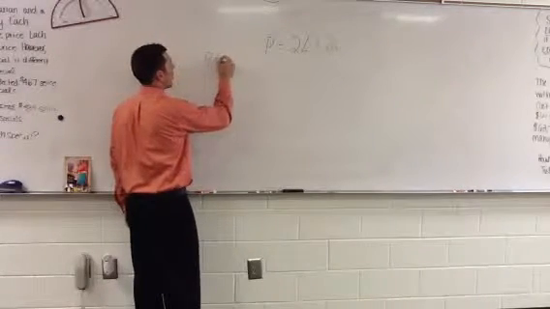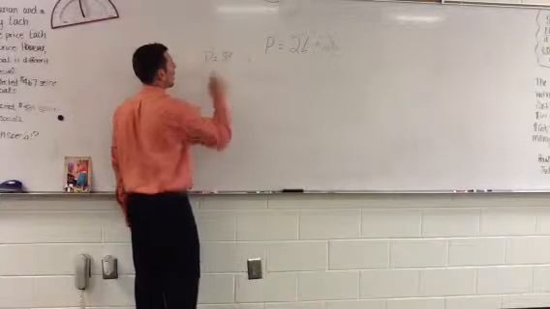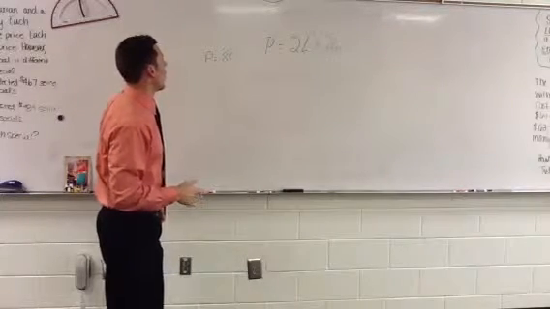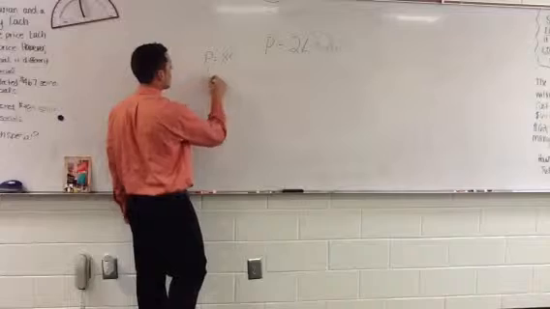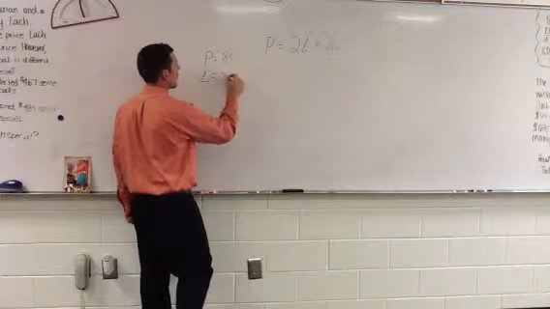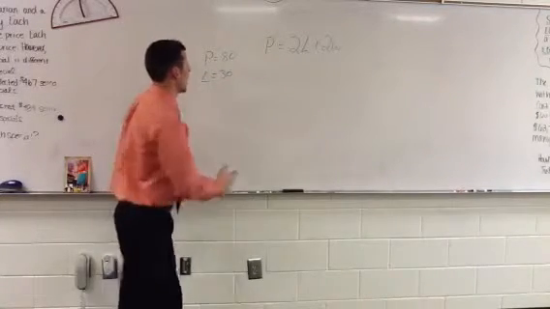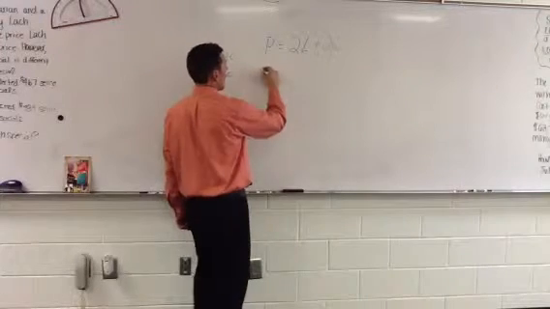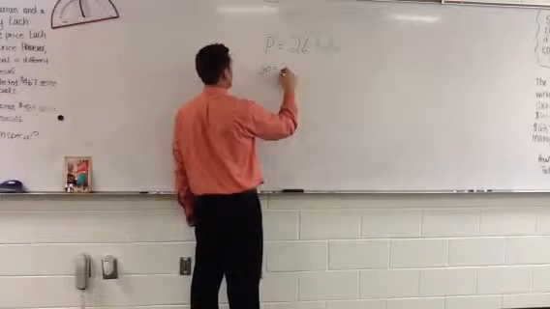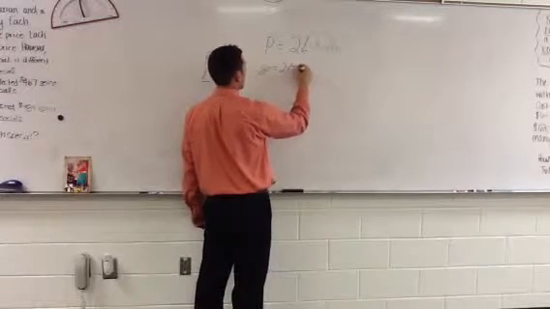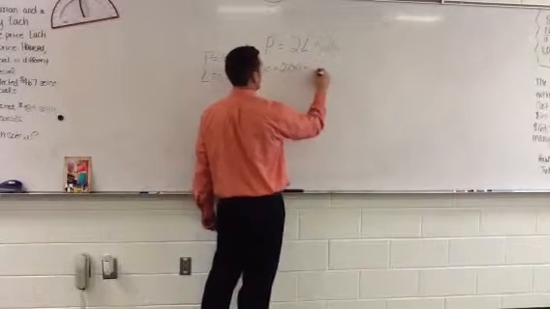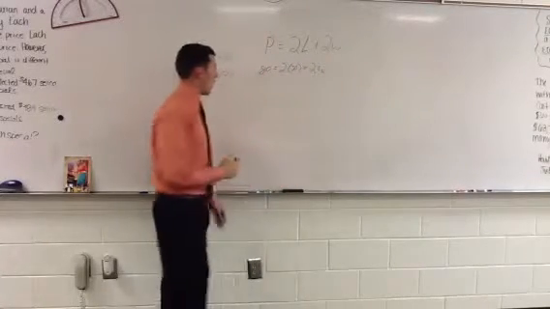I know that the perimeter is 80, and I know that the length is 30. So you could plug this all in and have 80 is equal to 2 times 30 plus 2w, and then solve for w.